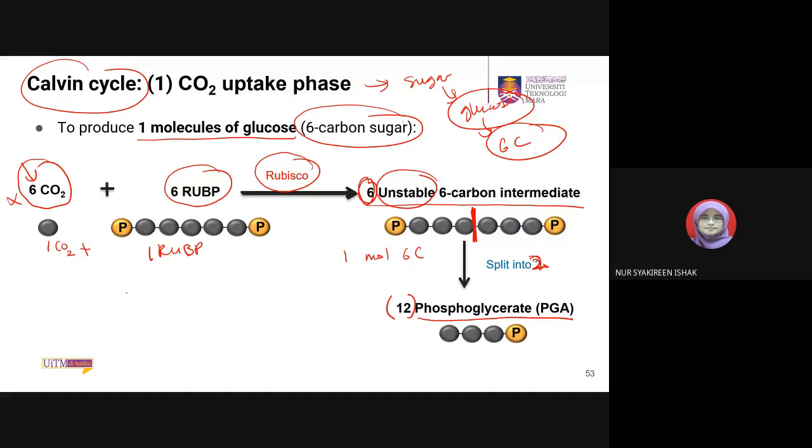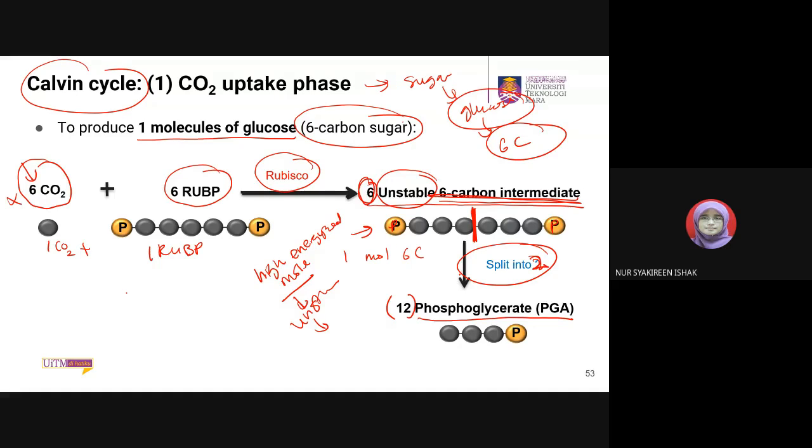So kenapa 6-carbon intermediate ni dia split? Sebab molekul tu ada 2 phosphate. Kita belajar molekul yang ada 2 phosphate group attached to it is a highly energized molecule. So because they're highly energized, it is really unstable. So they akan split. 6-carbon split jadi 2 each.